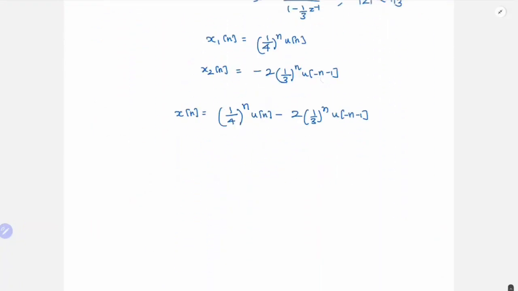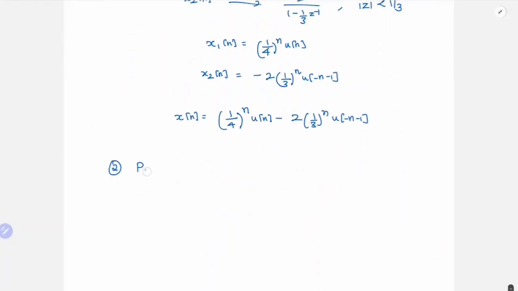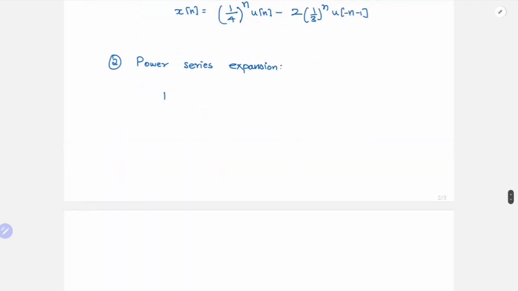So the second method will be using power series expansion. In this case, what you're going to do is represent X of z as follows. So you will have X of z equal to, let's say, a minus n z power n plus a minus n plus 1 z power n minus 1, and so on, plus a0 z power 0.